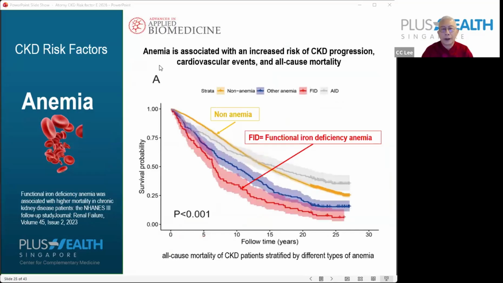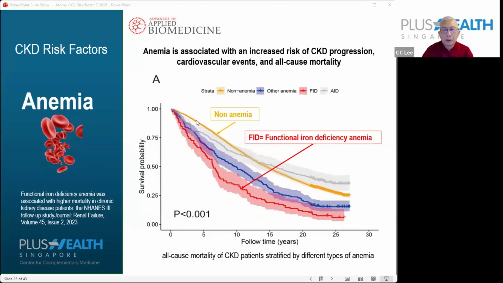Now, anemia is also associated with increased risk of CKD progression. So if you have anemia, you have increased risk compared with non-anemia. You can see from here the all-cause mortality for CKD patients.